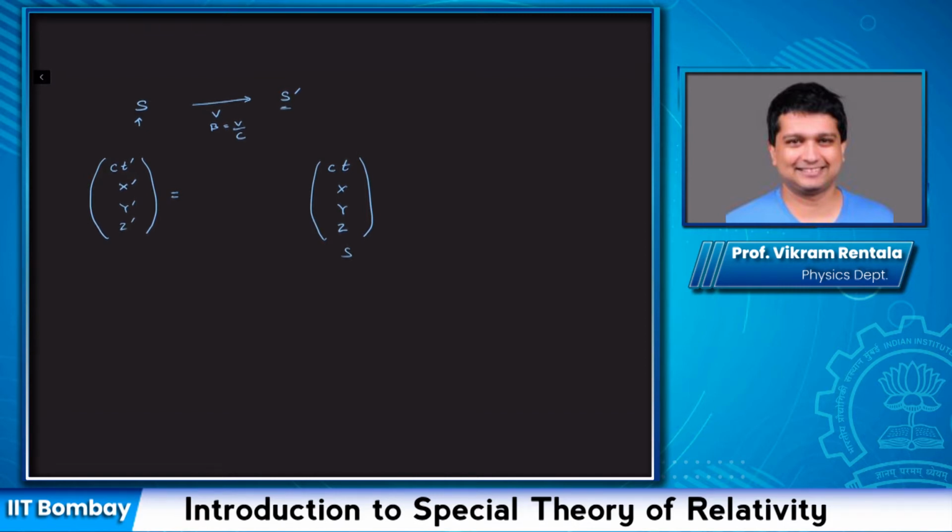And we've seen that the transformation is linear, okay, and the linear transformation matrix depends only on this parameter v, and we'll assume that S prime is moving with respect to S along the x-axis. And so if that motion is along the x-axis, the transformation looks like this.